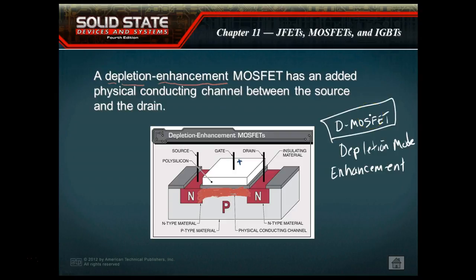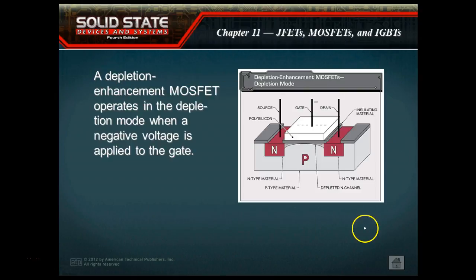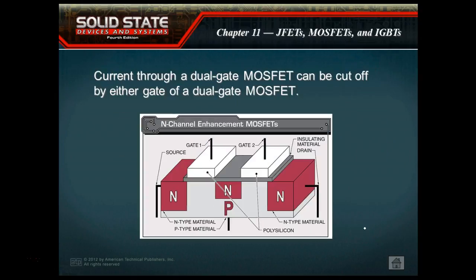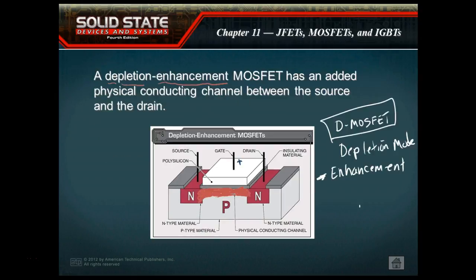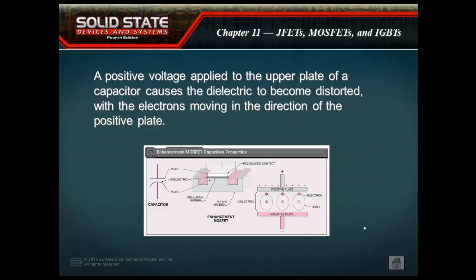And that stands for depletion mode MOSFETs, but we can actually operate a depletion mode MOSFET in both enhanced and depletion mode, which is really neat. And so here's the symbol for a depletion mode MOSFET. This is the enhancement. In fact, it's actually the first symbol back here.